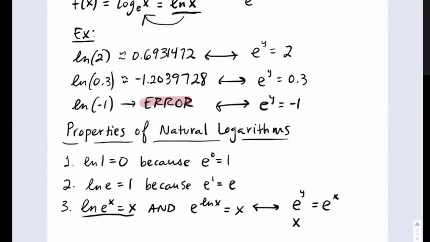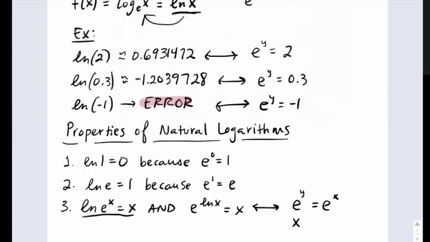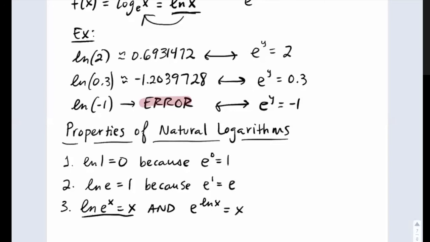So the natural log of e to the x is x, and in the same way, e raised to the natural log of x gives me x. This is actually a very useful rule when we're solving equations that have either e or the natural log in them.